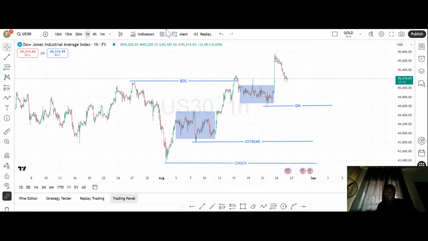So I want to share my screen for you guys with gold. Or let me look out for a nice pair that will give me nice structure. I want to show you guys liquidity. I'll share my screen with BTC. I think I just need to share the whole screen.